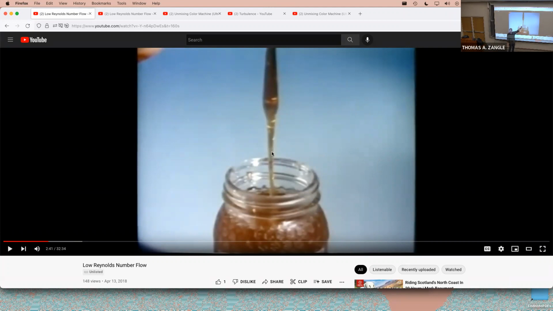Honey is very viscous. The Reynolds number here is very low, so these viscous effects dominate over inertial effects. We're going to look at what happens if you do the same experiment and step up the viscosity as you go, and watch what happens to the stream of fluid as we decrease viscosity and therefore increase Reynolds number.